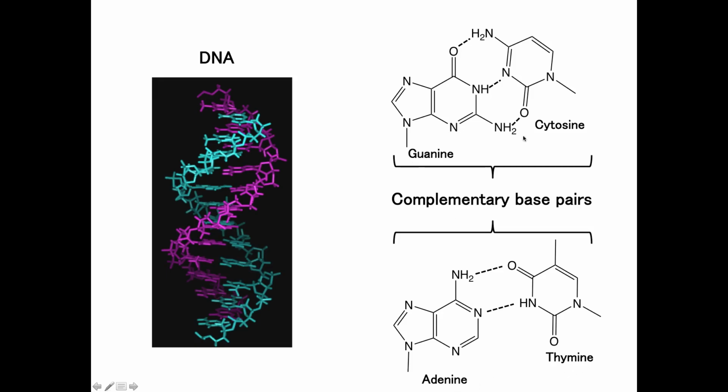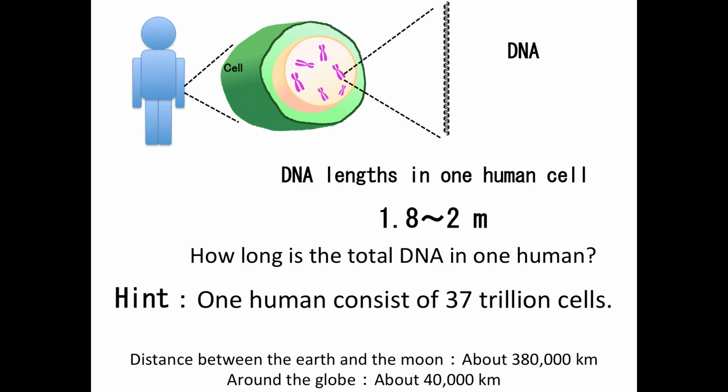And guanine binds to the cytosine and the adenine binds to thymine by hydrogen bonding. This structure is called complementary DNA pairs. This hydrogen bonding is very important for them to bind specifically.